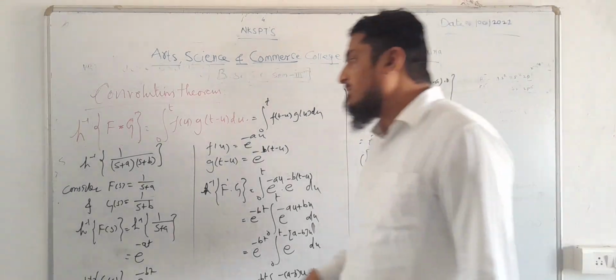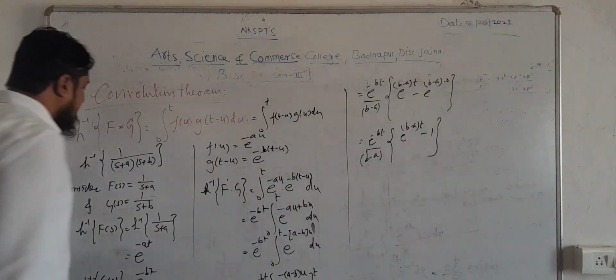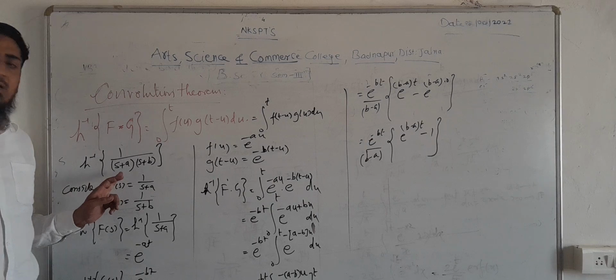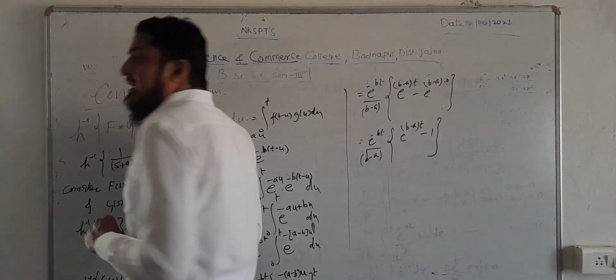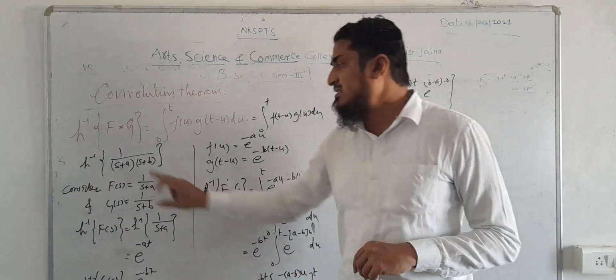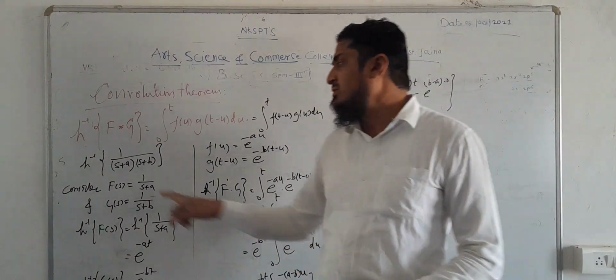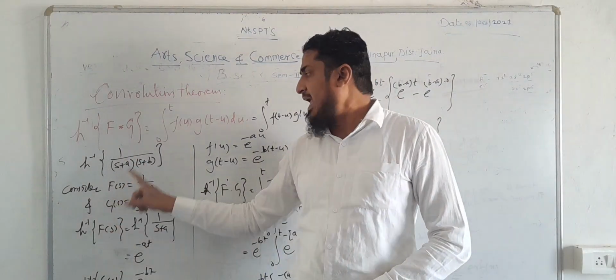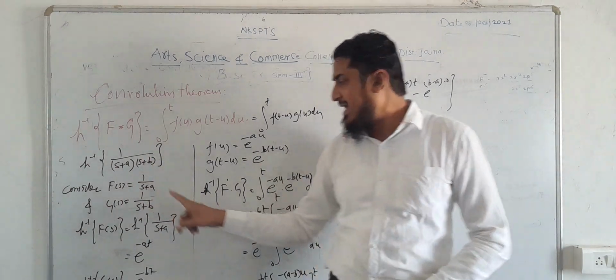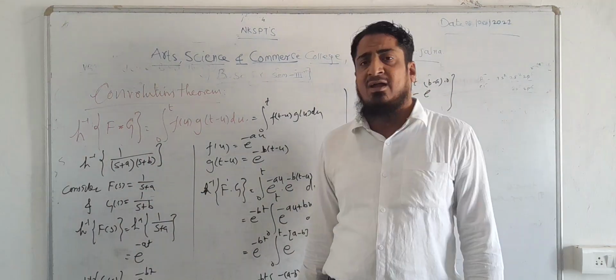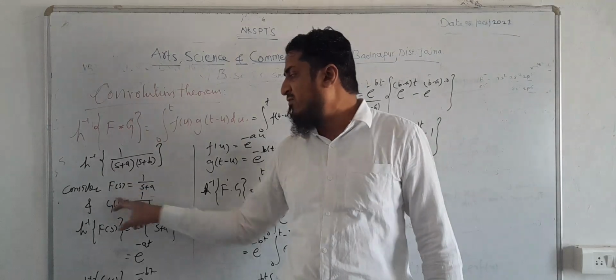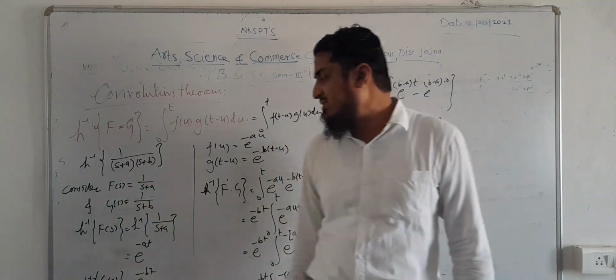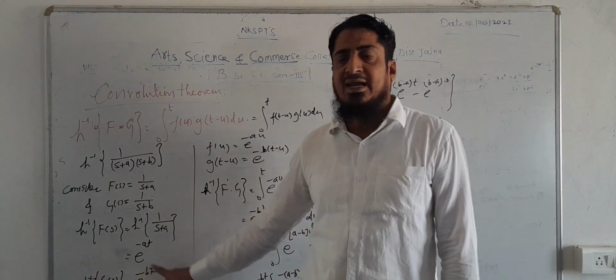In this example, we have to calculate the inverse Laplace transform of 1 upon s plus a into s plus b. We chose 1 upon s plus a as f of s and 1 upon s plus b as g of s. By finding the inverse Laplace transform of f of s and g of s, we will get e raised to minus at.